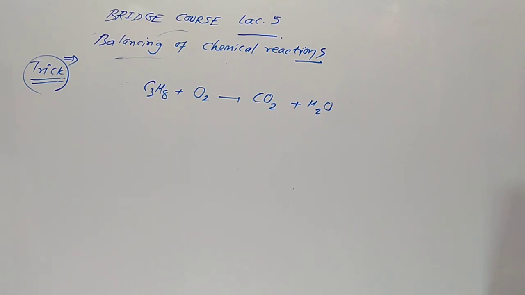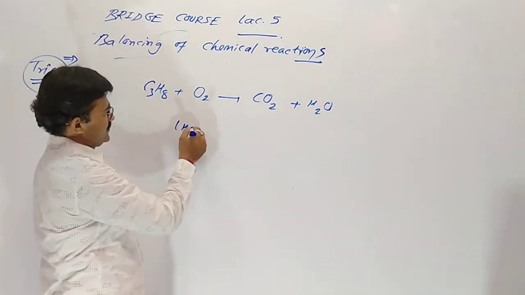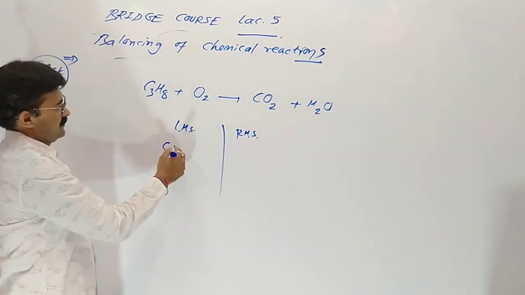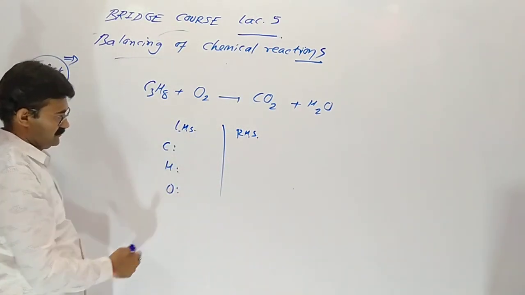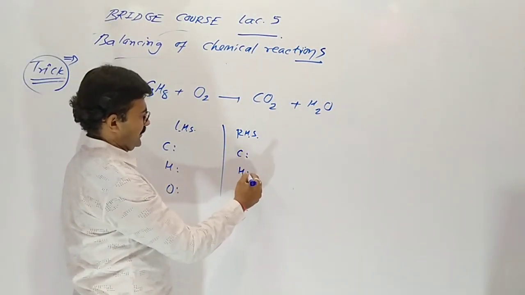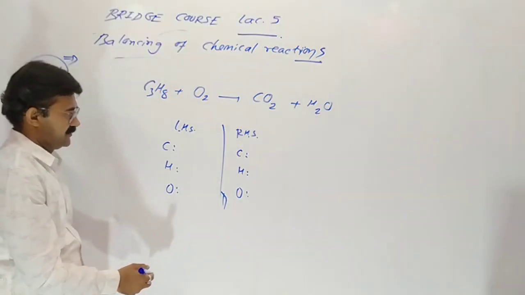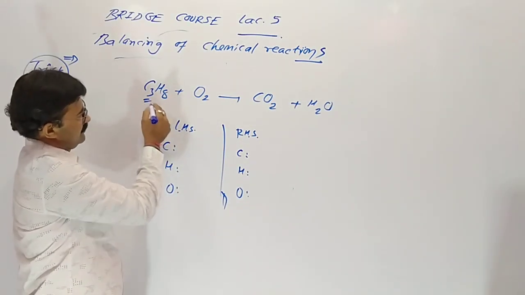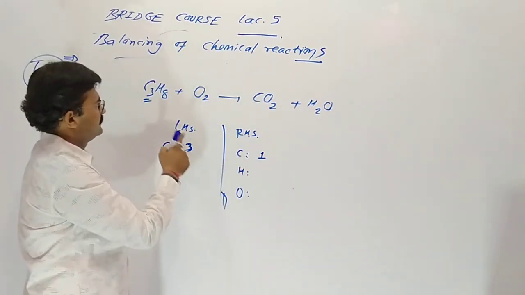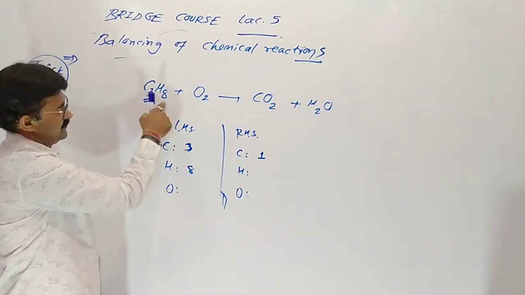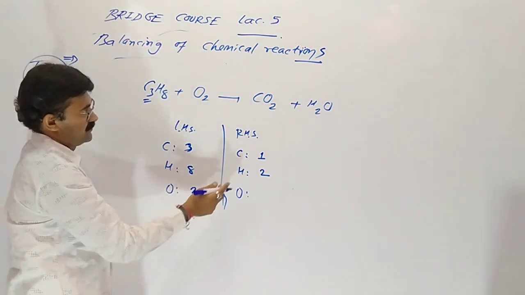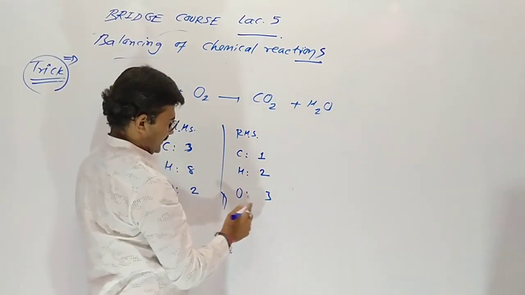Here, the first step of our trick: the elements we have to take are carbon, hydrogen, oxygen, and the number of atoms of that element. Carbon 3. Here carbon 1. Hydrogen is 8. Hydrogen is 2. Oxygen 2. 2 plus 1, 3.